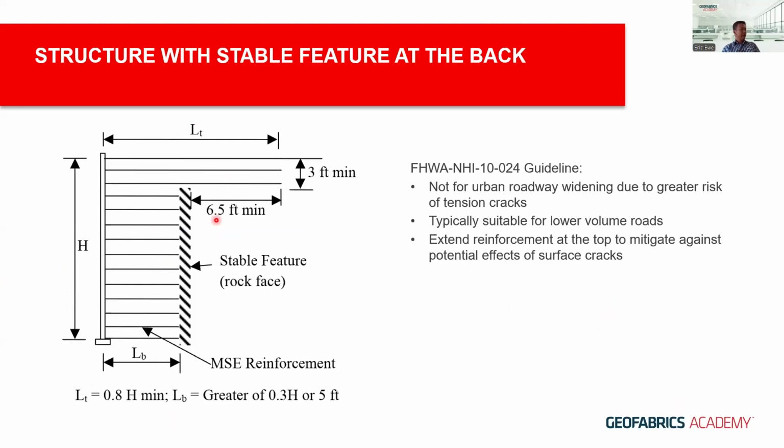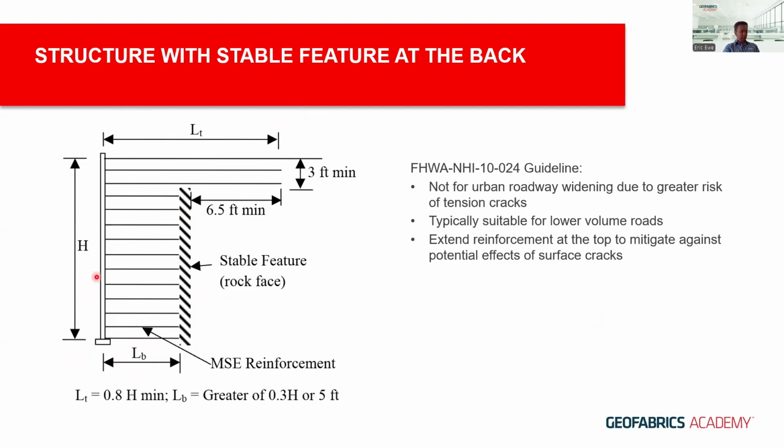And then in the Federal Highway guidance for this type of MSE structures, they allow for this type of very slender structure, with only 1.5 meters length minimum when you have a very stable rock, but having the top 1 meter, 3 foot, of minimum 0.8 of the total height, sitting on a very firm ground.